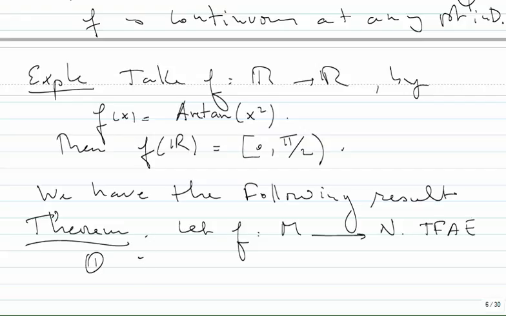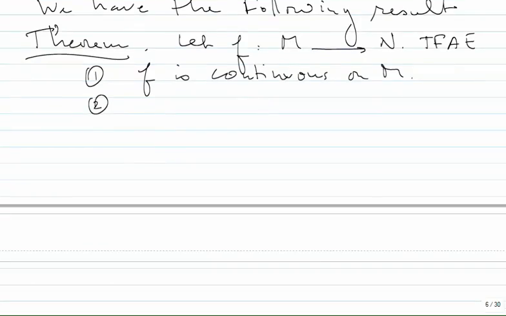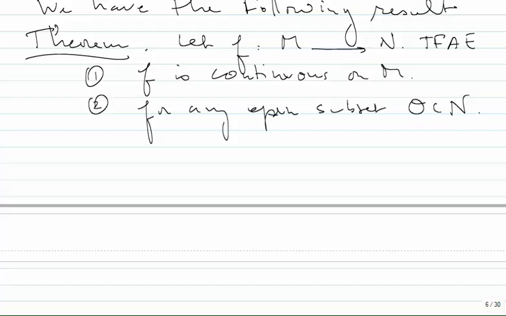Number one, f is continuous on M. Number two, for any open subset O of N, the target set, the inverse image f inverse of O is an open subset of M.